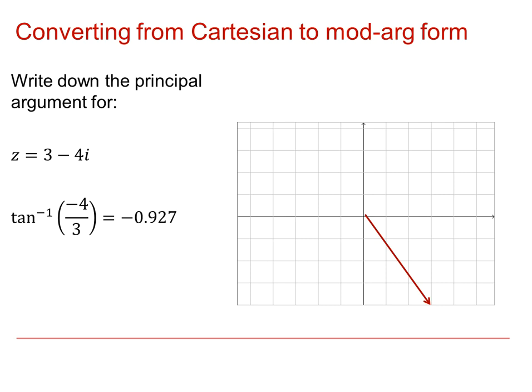When we look at 3 minus 4i, y over x this time is negative 4 over 3, and that gives us negative 0.927. And again, checking that on the diagram, we can see that this is going to be the correct value, negative 0.927. So in this case, the argument of z is negative 0.927.